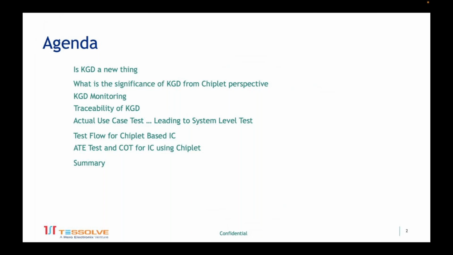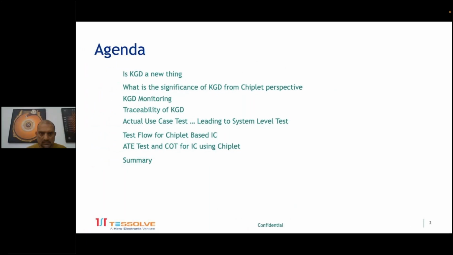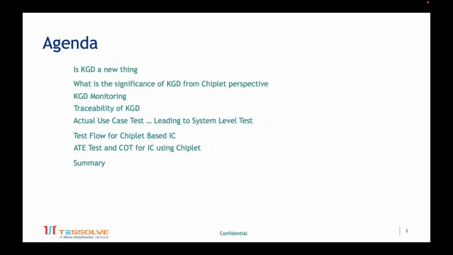So we'll talk about the requirement from the ATE leading to system level test, again from a high level perspective. Then we'll go into how the test flow will look. We will touch base on traditional versus now heterogeneous integration, and how the test flow slightly changes.